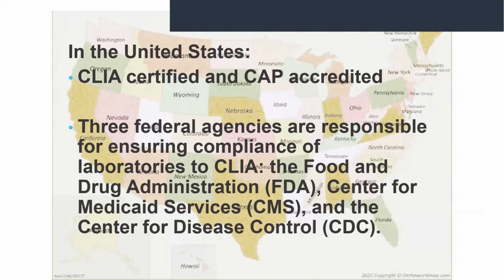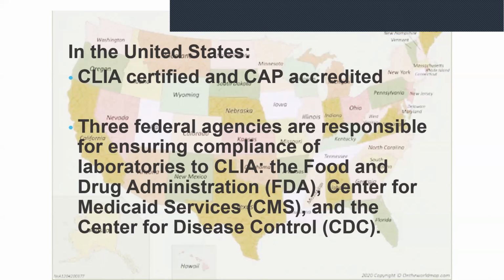We all have a CLIA certification. And then in our case, here at Emory, we're CAP accredited, okay? And there are 3 federal agencies that are responsible for ensuring compliance of laboratories to CLIA. They can be the Food and Drug Administration, the Centers for Medicare and Medicaid Services, and the Centers for Disease Control.